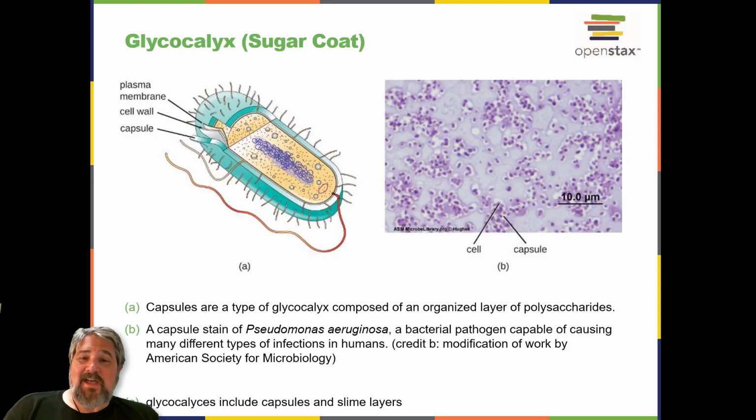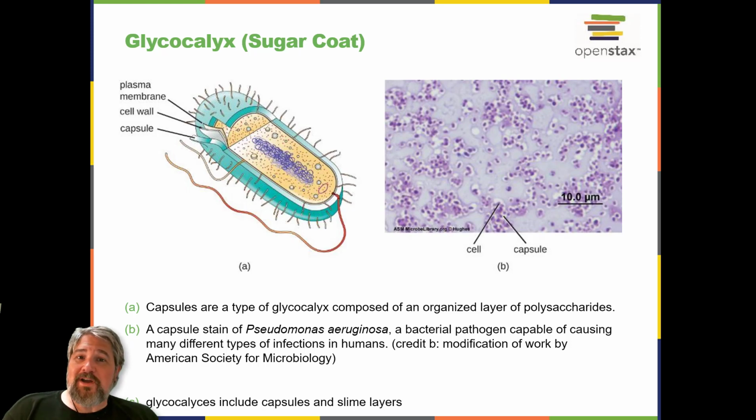Glycocalyces and S layers. Although most prokaryotic cells have cell walls, some may have additional cell envelope structures exterior to the cell wall, such as glycocalyces and S layers. A glycocalyx is a sugar coat, of which there are two important types: capsules and slime layers.